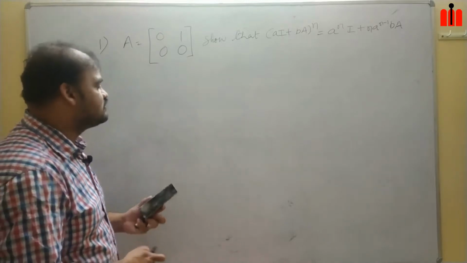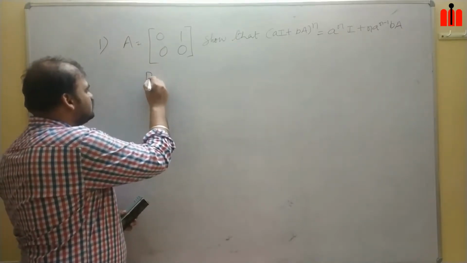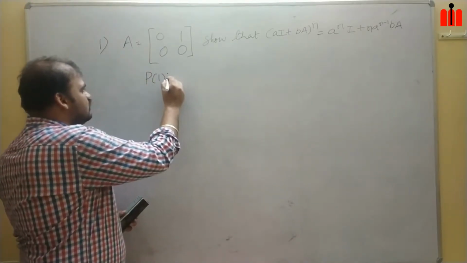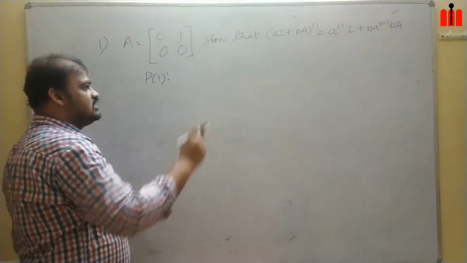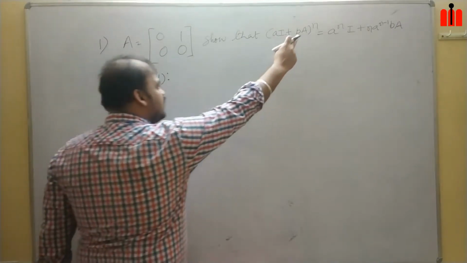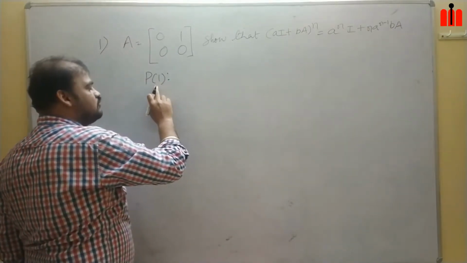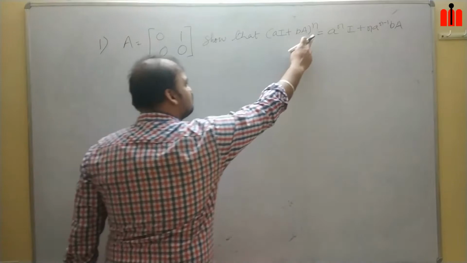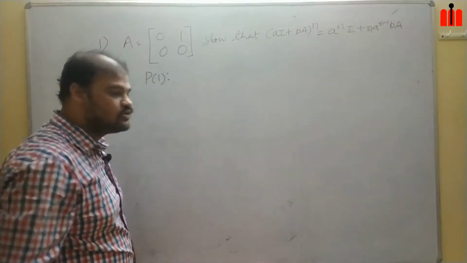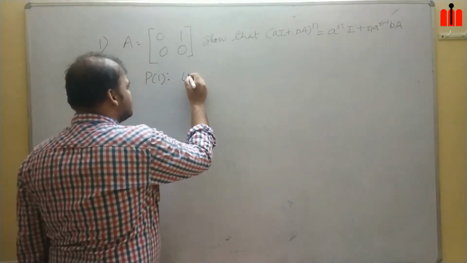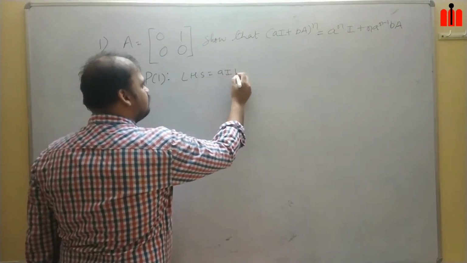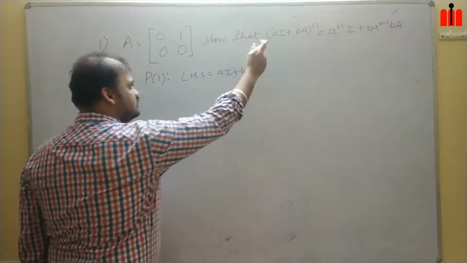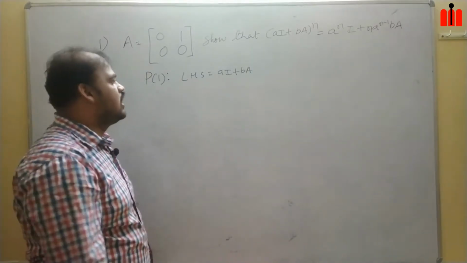In the principle of mathematical induction, first we will check P1, whether it is true or not. In the place of n we have to put 1. So we will get LHS, which is aI + bA.